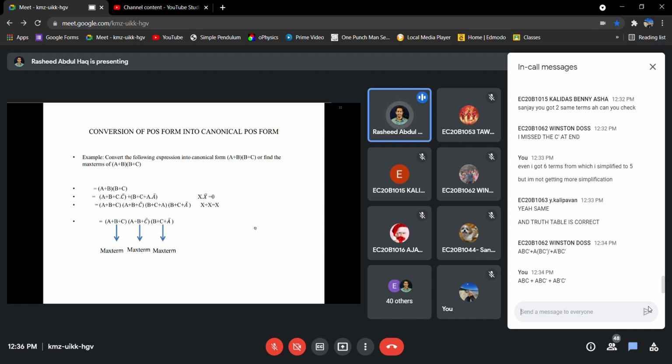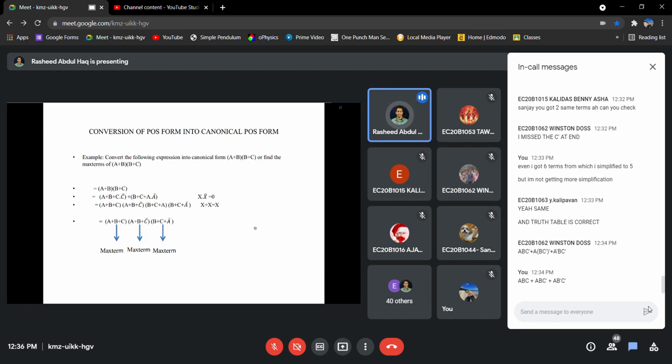In that we have A plus B plus C as common. So both will be multiplied, meaning we will get the same answer, that is A plus B plus C, A plus B plus C dash, and B plus C plus A dash. That is 3 max terms. The step is simple.